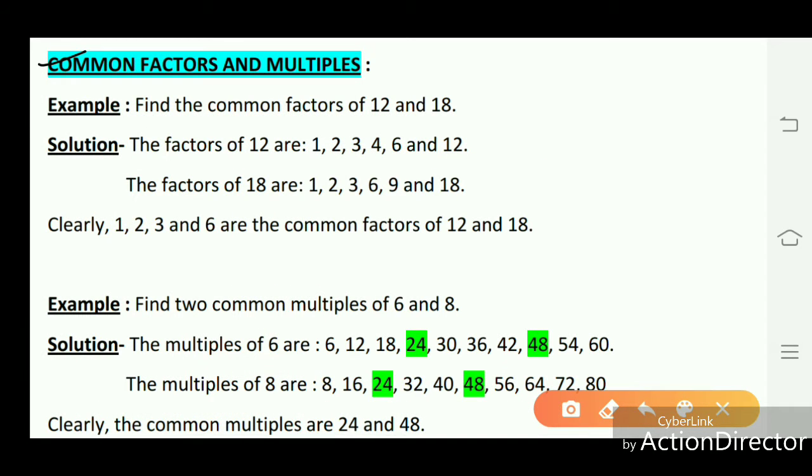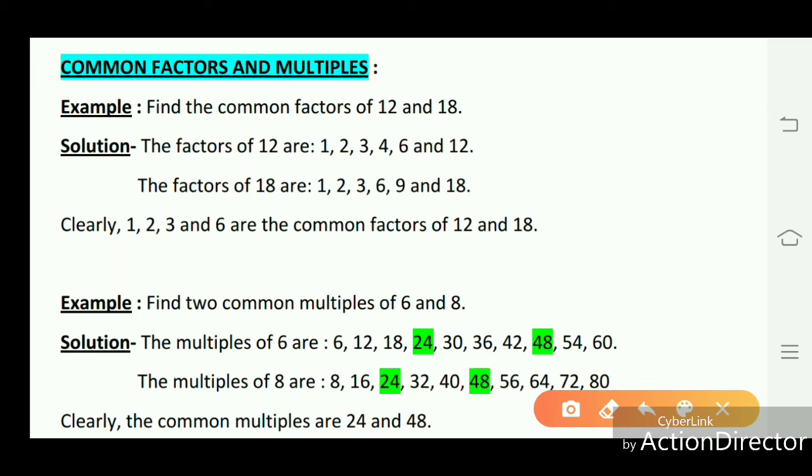Common factors and multiples. Example, find the common factors of 12 and 18. Solution. First we find the factors of 12 and then 18. Then we take the common factors in both numbers.